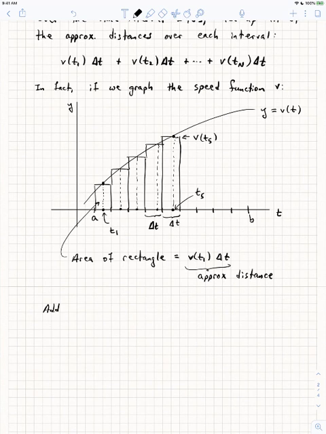So if you do the speed times the time, you're going to get the approximate distance, and the approximate distance is the same as the area of this rectangle. So area is approximately the distance traveled over that time.